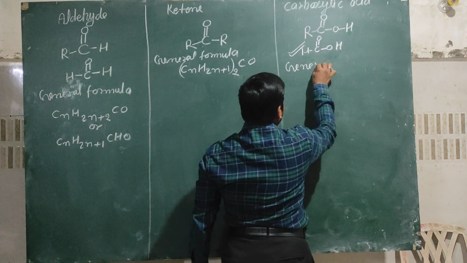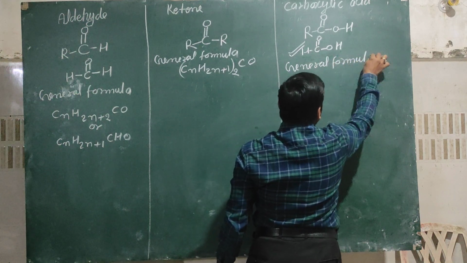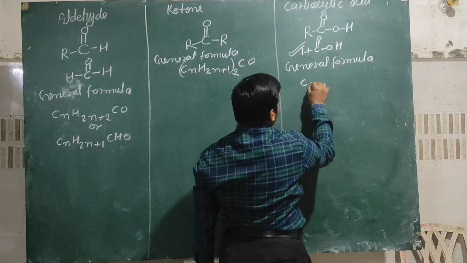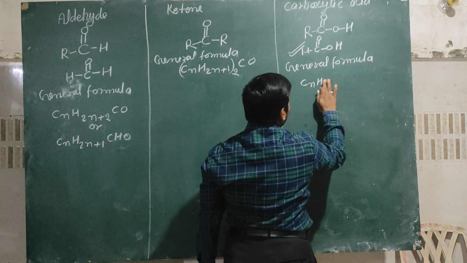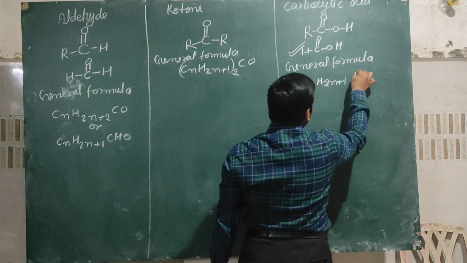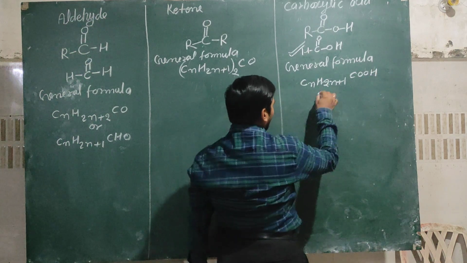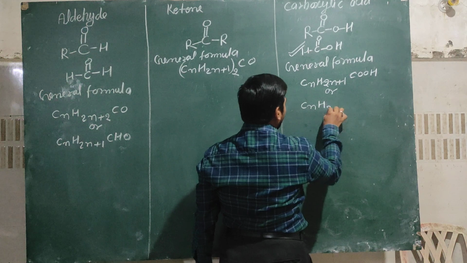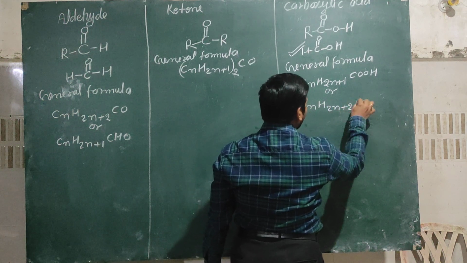The general formula of all type of carboxylic acid is CnH2n+1COOH, or you can write CnH2n+2CO2.